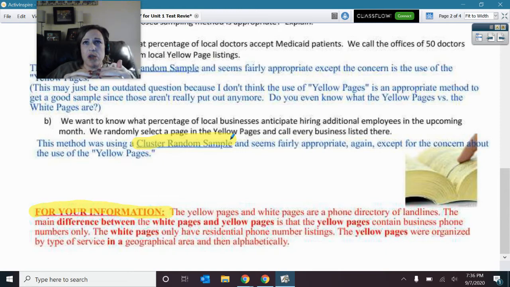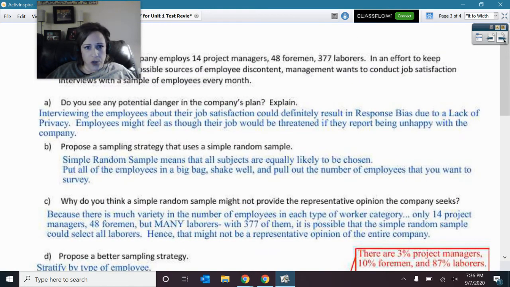So I don't think this is necessarily going to be a good representation of the people in the area, because it's going to be prone to whichever professional page they selected. Again, this is an outdated question that I don't think you really understand unless you understand how the yellow pages were organized and what they are or were.